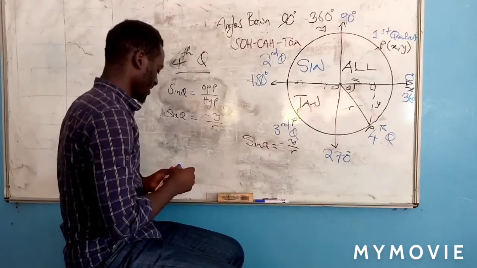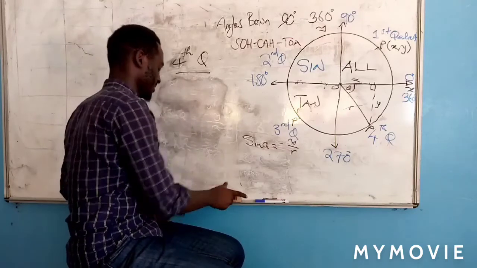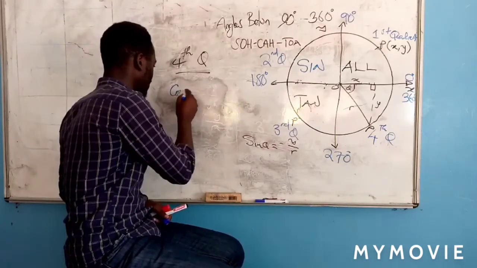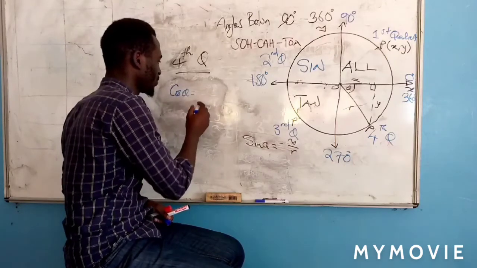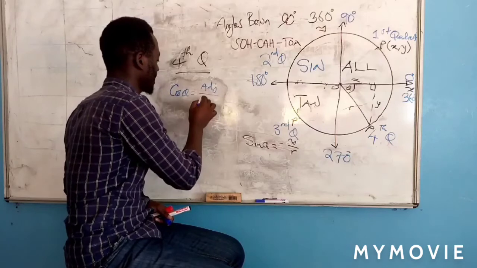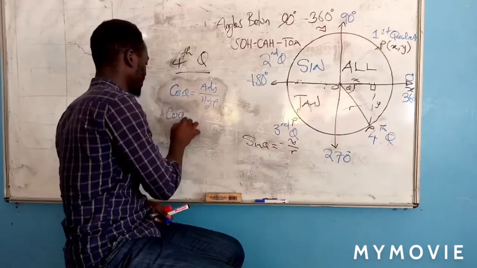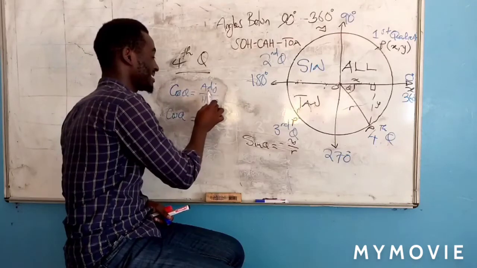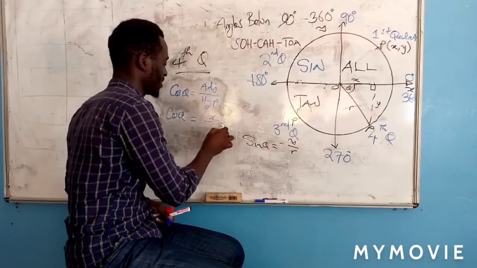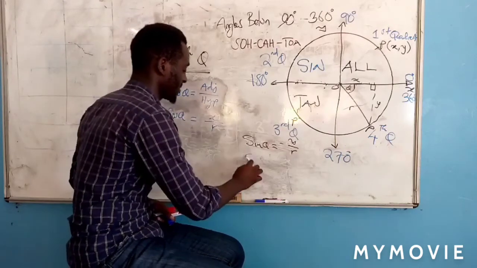Okay, let's go to cosine. With cosine, cos theta is equal to adjacent over hypotenuse, right? So cos theta is equal to, adjacent to the angle is x, over hypotenuse, which is r.